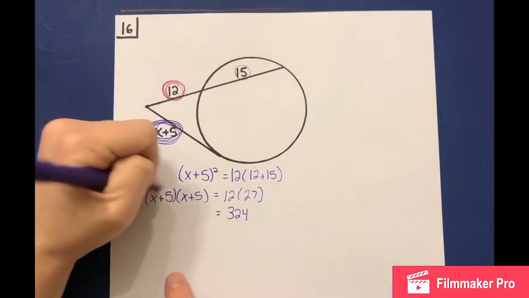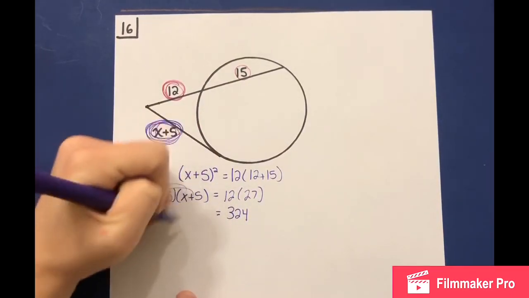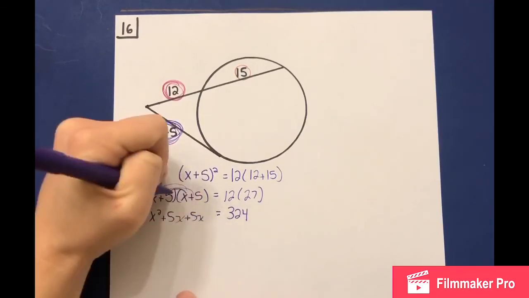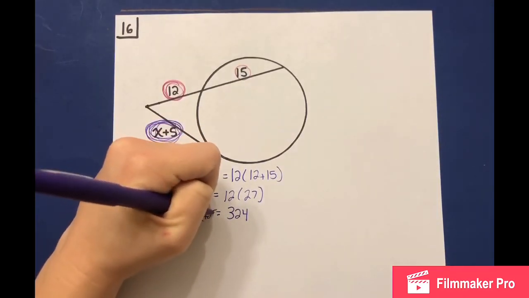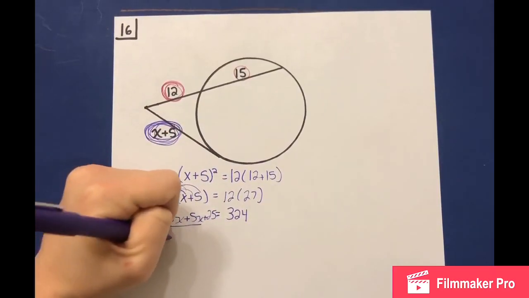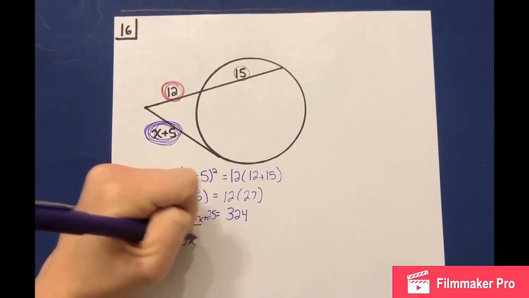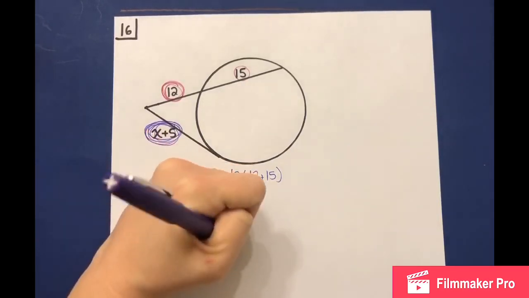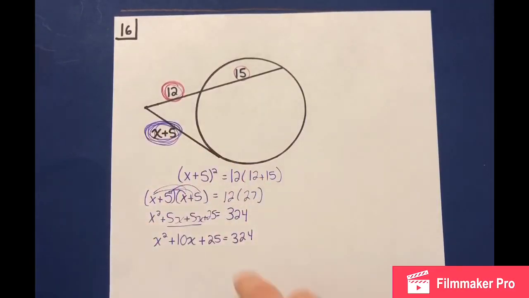Over here, let's FOIL. X squared plus 5x plus 5x plus 25. Okay, let's combine our like terms there. I get x squared plus 10x plus 25 equals 324. Let's move over the 324.